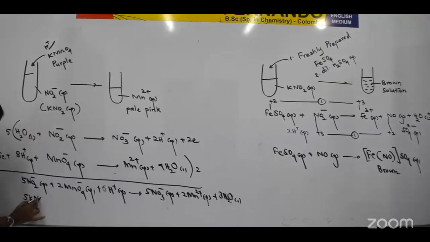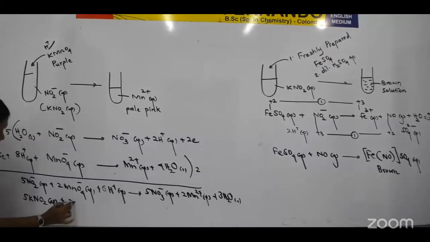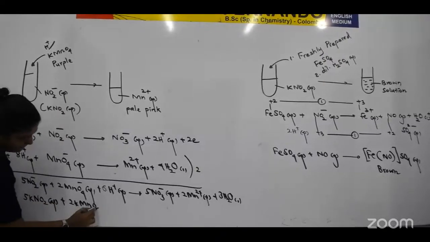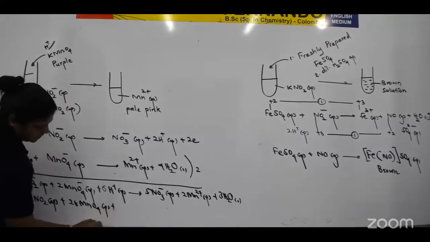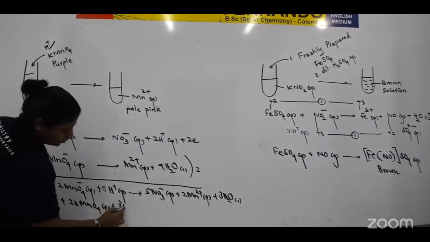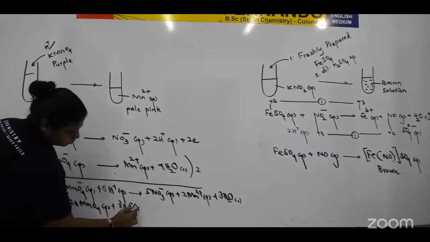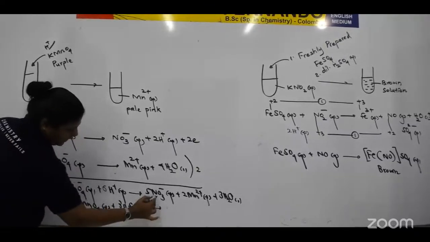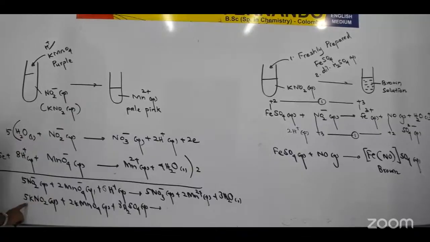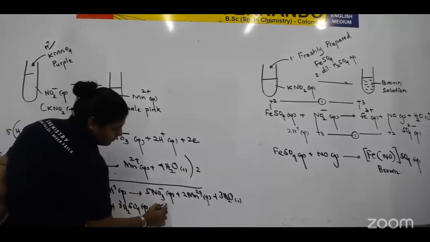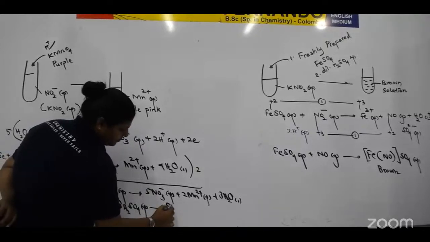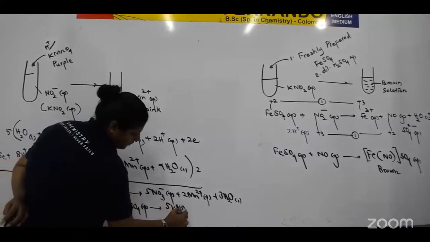To get the chemical reaction, instead of NO2 minus, take KNO2. Here 2 come from KMnO4. Instead of 6H plus, add 3H2SO4. All anions get balanced with cations. Cations we have potassium: 5 plus 2, 7. So from 7K plus, NO3 minus takes 5.